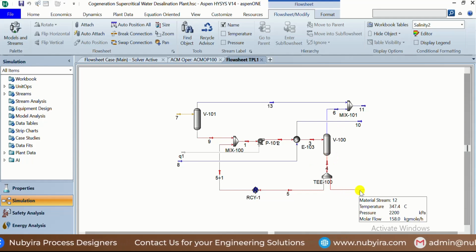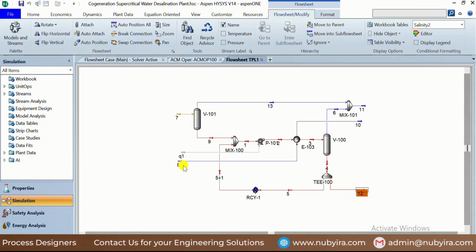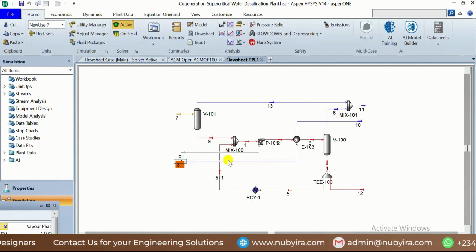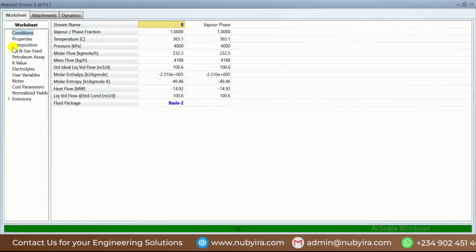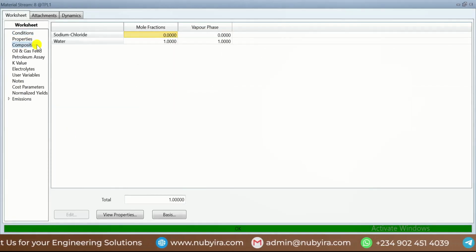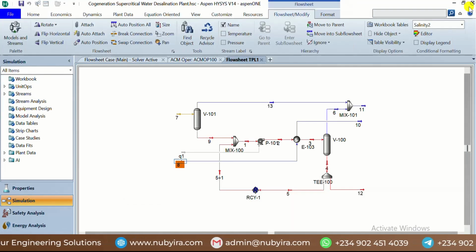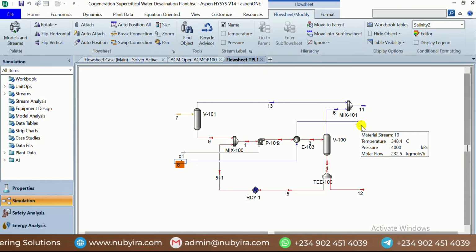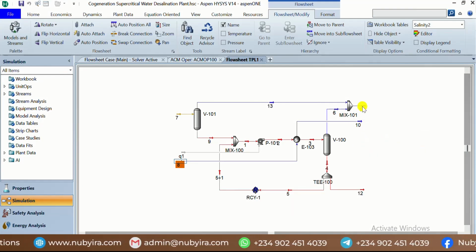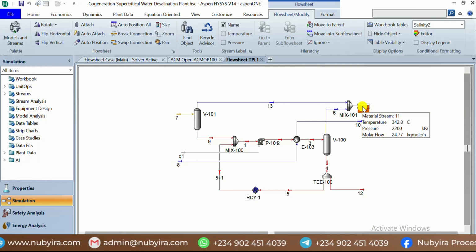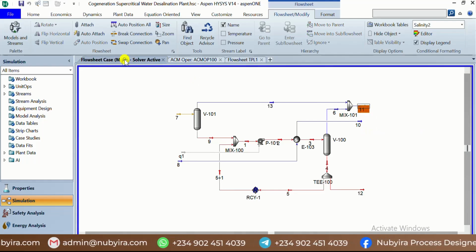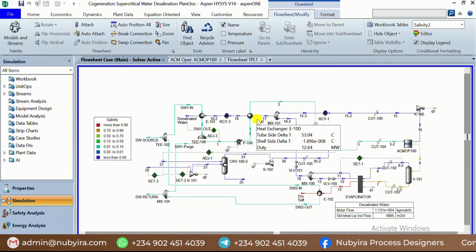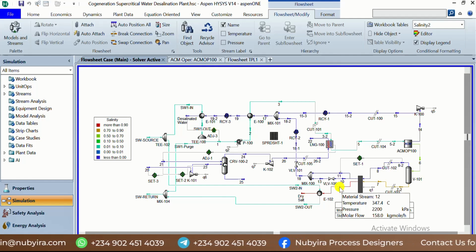So you get your brine out here. The steam is also very pure, and even if it's not, you still have energy. You cool it down in the condenser. The purity is what we need to get our purified water, and all the steam that is evaporated is very pure. So we are able to get our evaporated water from it, and the dry salt is coming up here.